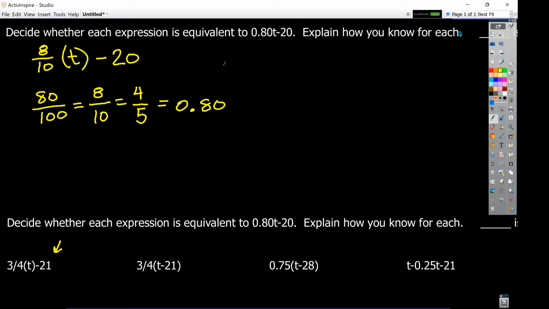Okay, that's how we can justify that. You'll have to fill in the written justification here, explain how you know for each. Okay, let's move on to the third choice.